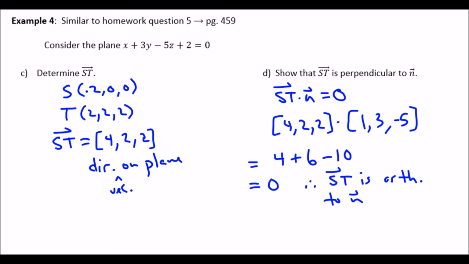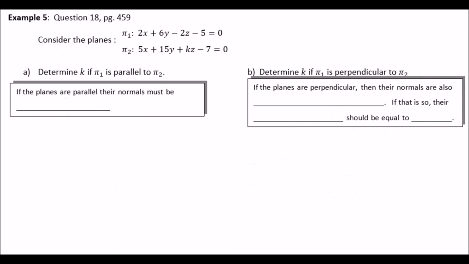All right, last question. Just like question 18 on page 459, consider plane 1 and plane 2. Determine K if plane 1 and plane 2 are parallel. If the planes are parallel, their normals must be parallel. So what do we do here?